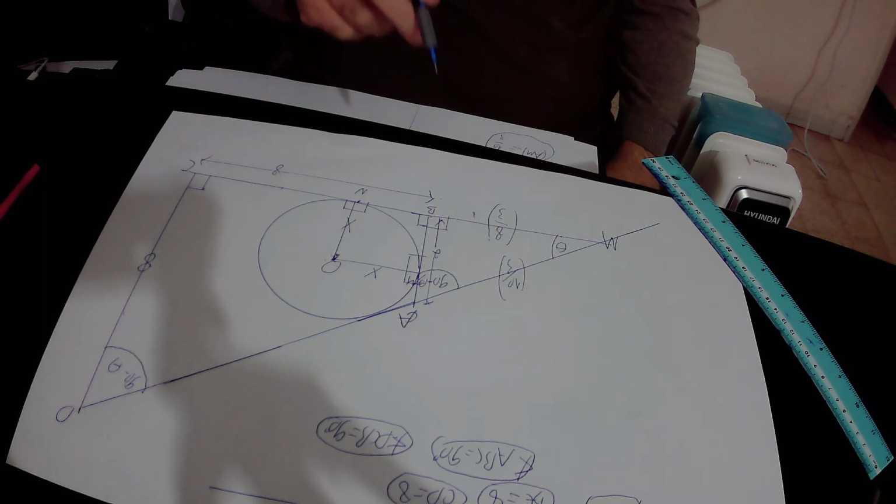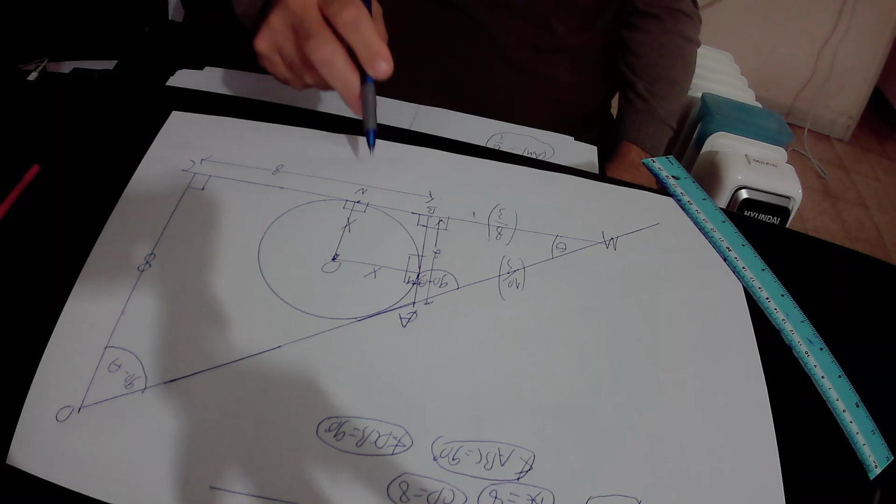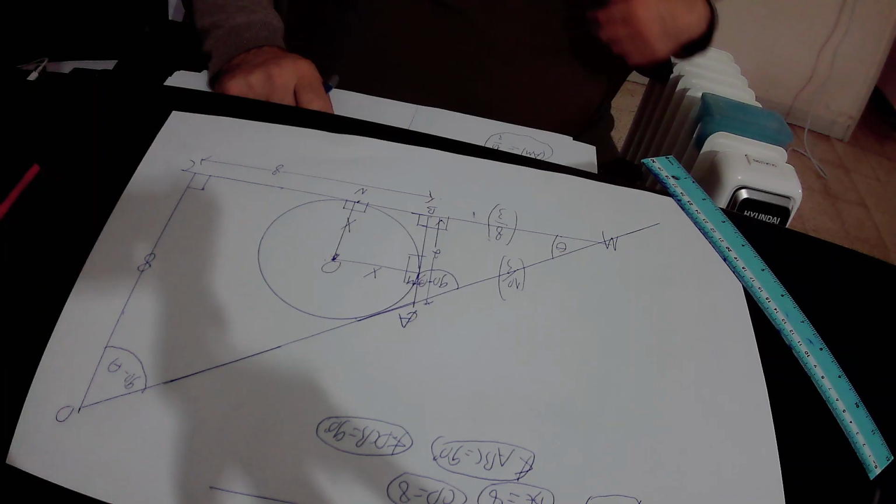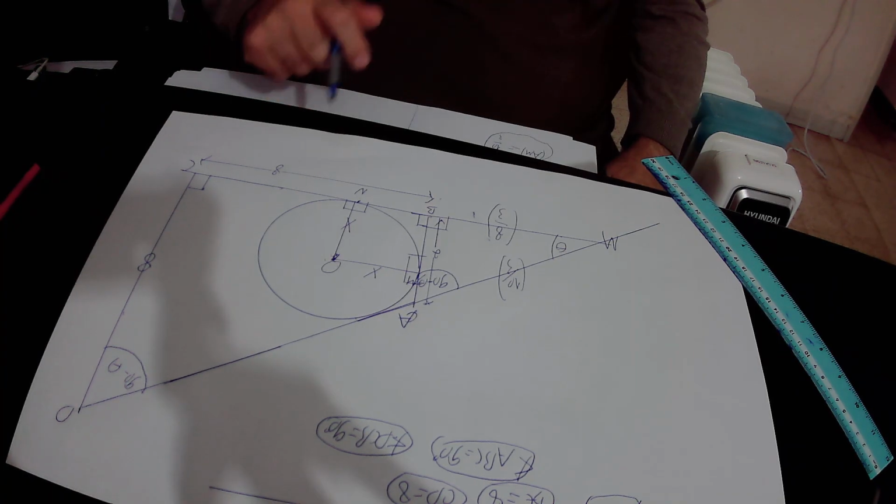In quadrilateral MOBN, we have 3 right angles. The sum of 3 right angles is 90 times 3, which is 270 degrees, plus the missing angle here.